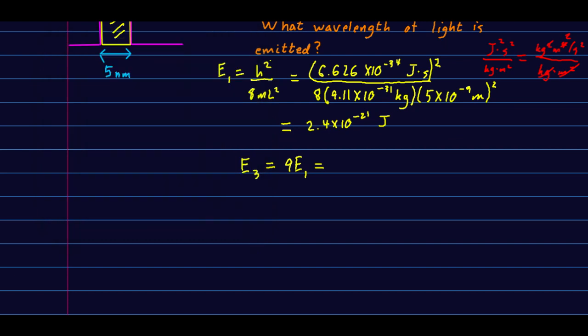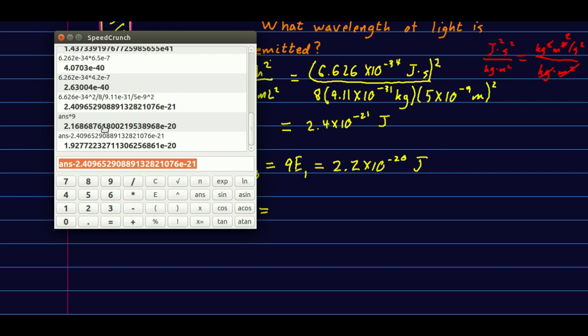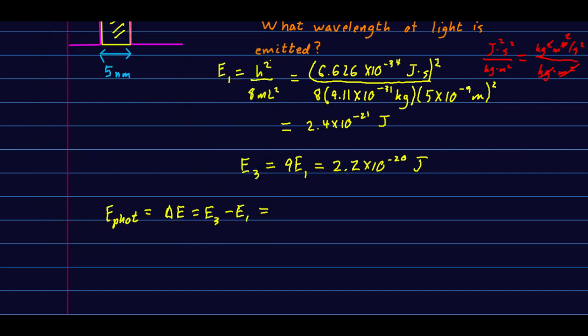2.2 times 10 to the negative 20. And so our energy of our photon is just equal to that delta E, or 1.9 times 10 to the negative 20.